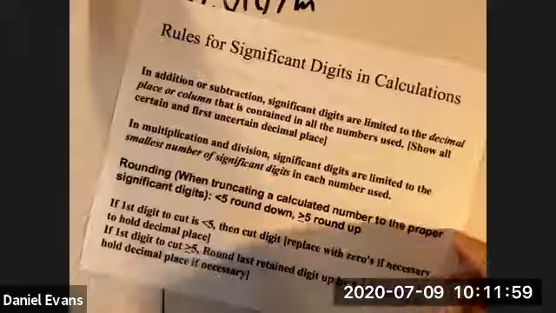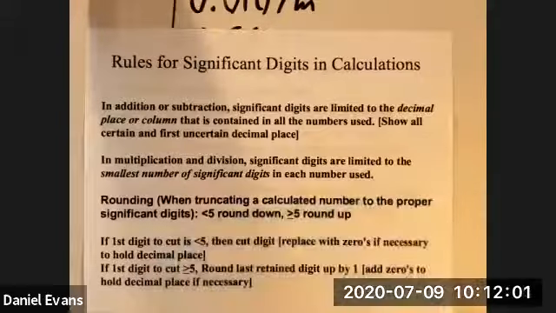And then for using significant digits in calculations, we have different rules for different types of calculations. So we're going to start off with two calculations here. Addition and subtraction is one type of mathematical operation. And when we do addition and subtraction, we don't care how many significant digits that we have. We care where they are.